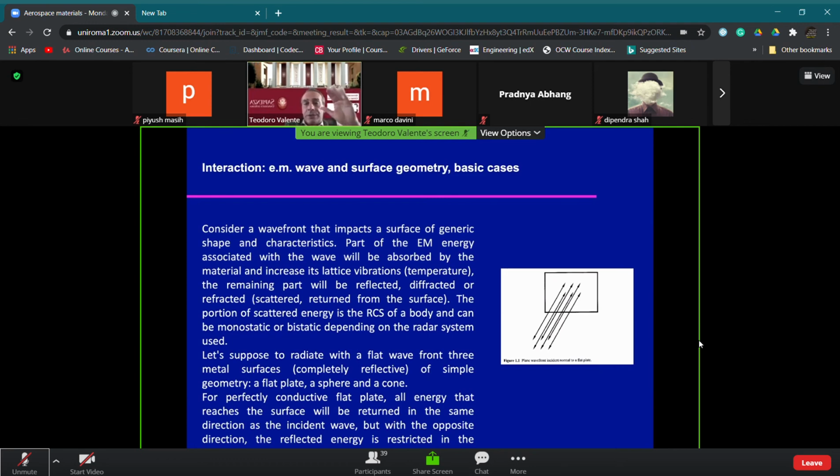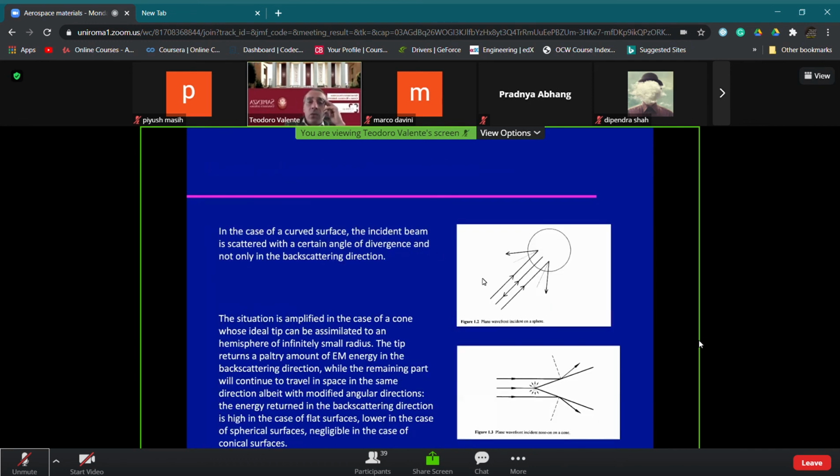If we move to the case of a curved surface, for example, the sphere, as we told before, the incident wave is scattered with a certain angle of divergence, and it is not coming back only in the direction of radiation.